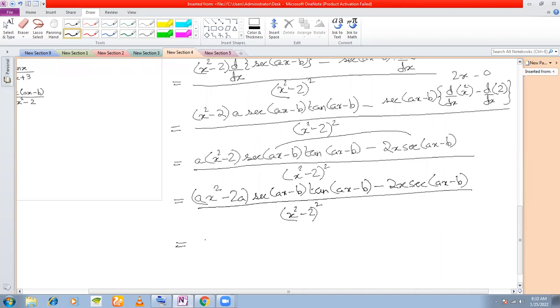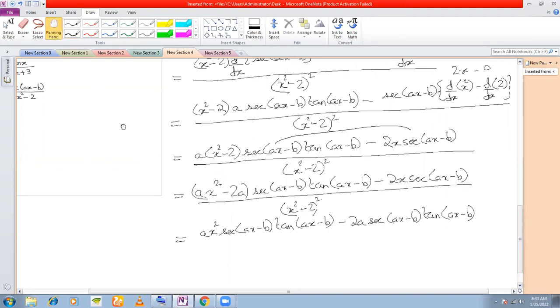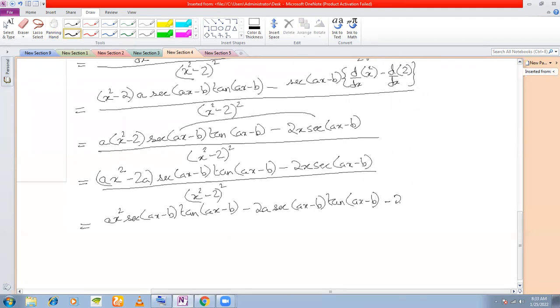Next, you can multiply ax square into sec(ax minus b) tan(ax minus b), right? Minus 2a sec(ax minus b) into tan(ax minus b), right? Minus 2x sec(ax minus b), and this entire thing divided by x square minus 2 squares.